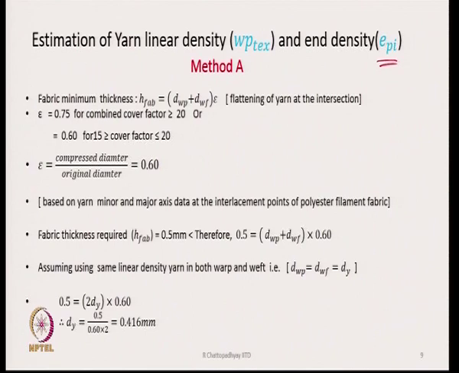Let us say fabric minimum thickness H fab is actually given by this equation by some authors, that is H fab is d of warp plus d of weft multiplied by eta, where this value is 0.75 for combined cover factor greater than 20 and 0.60 for cover factor between 15 to 20.